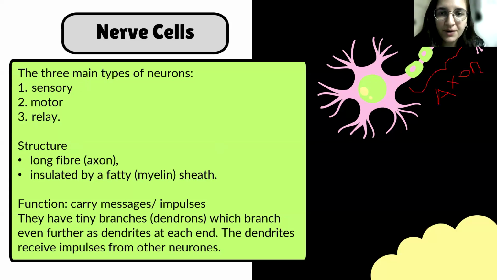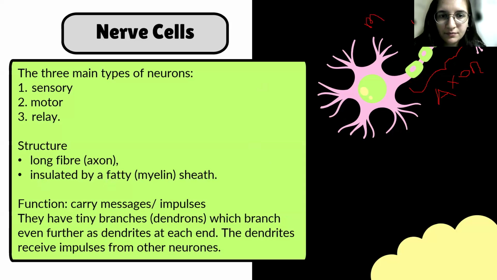Okay, so this long part here is called the axon. And then we have a fatty sheath. This is the one I've colored in green here. This one is called the myelin sheath. Okay, so let me label it there again. This one here is myelin sheath, M-Y-E-L-I-N.